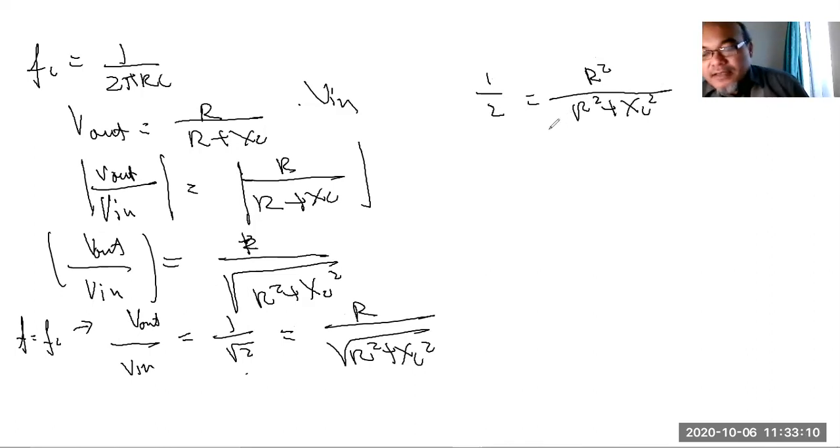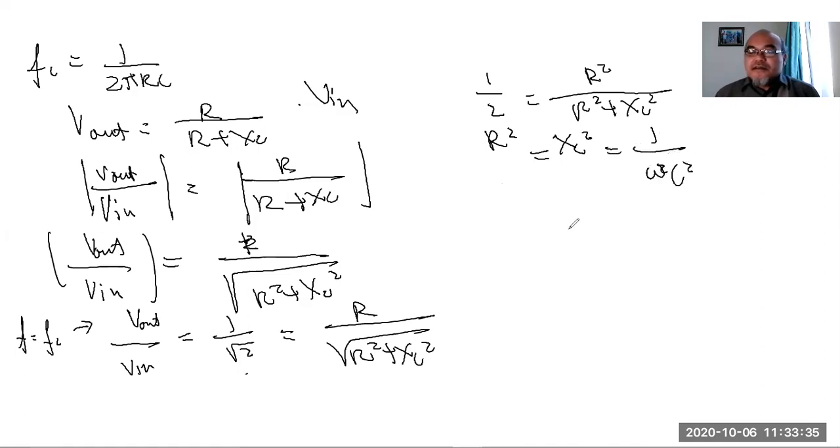Okay, then from here we can see that R square equals XC square, which equals 1 over omega square C square.